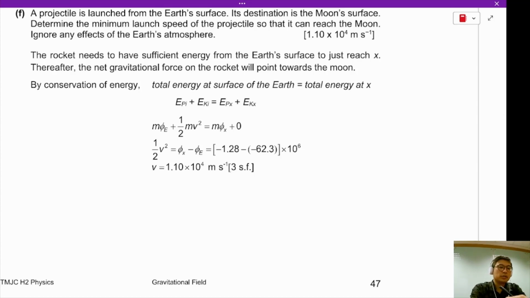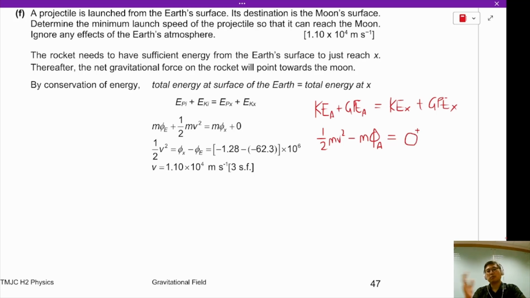So we can always write, the KE at point A plus the GPE at point A will be equal to the KE at point X plus the GPE at point X. The KE at point A will be half mv squared. That is our launch speed. The GPE at point A will be mass multiplied by the potential at A. The KE at point X will be just slightly more than 0.